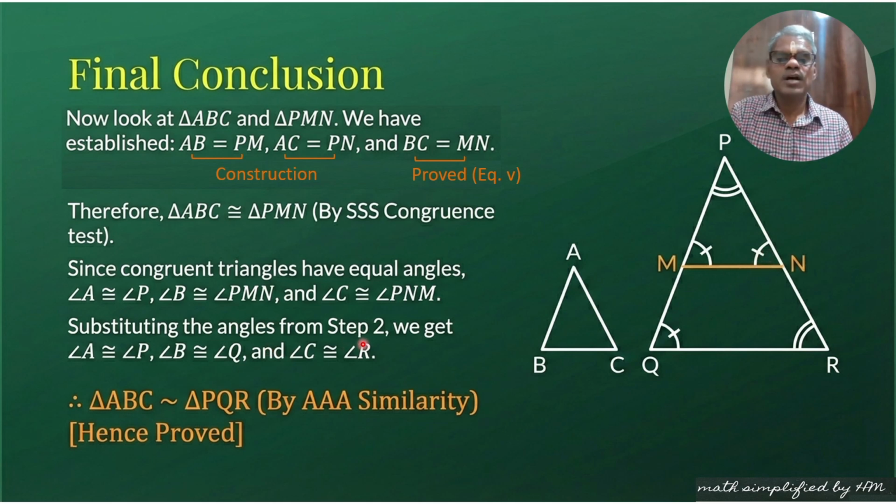Substituting the angles from step 2, we get angle A is congruent to angle P, angle B is congruent to angle Q, and angle C is congruent to angle R. Thus, triangle ABC is similar to triangle PQR by AAA similarity test. Hence, we have proved the SSS test of similarity.